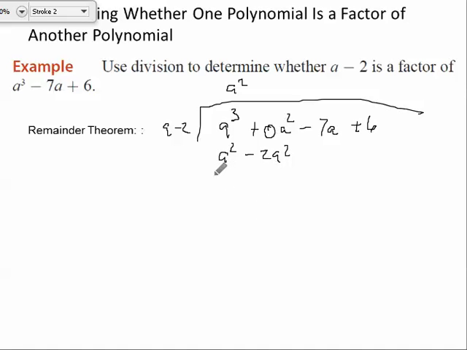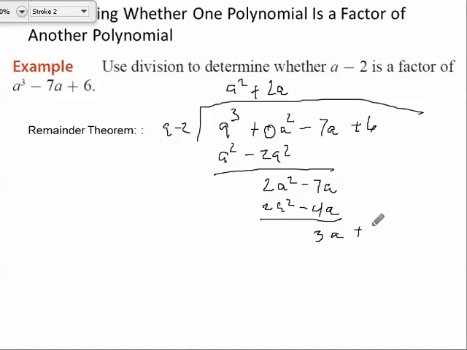Okay? Subtract it, and I'm going to get a positive 2a squared minus 7a. I'm going to multiply it times 2a, and I'll get a 2a squared minus 4a. Subtract this, and you'll get a minus 3a plus 6.